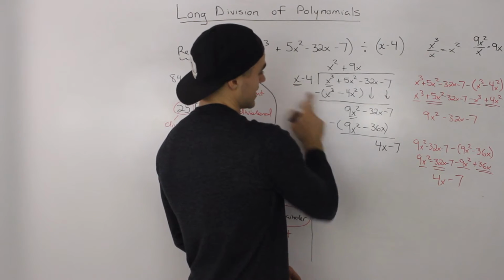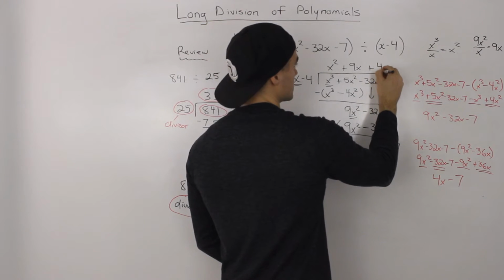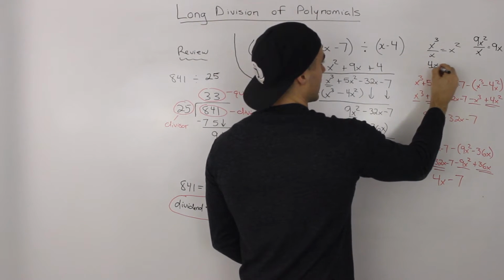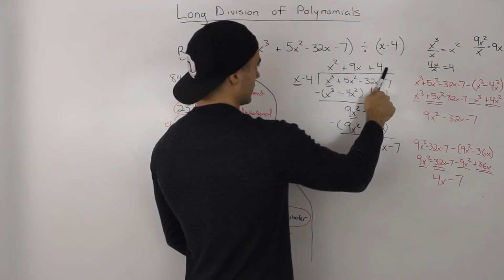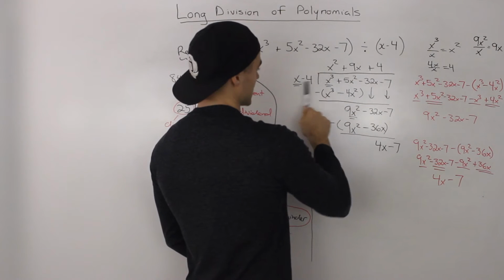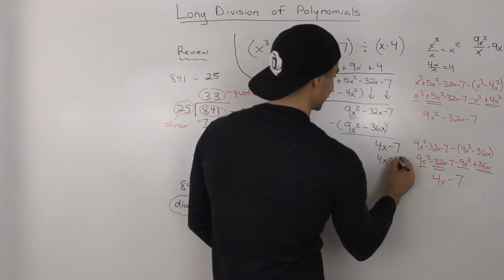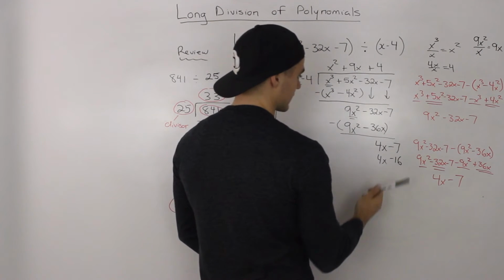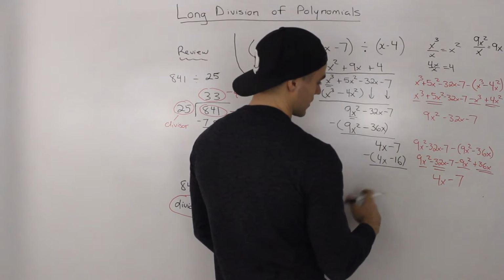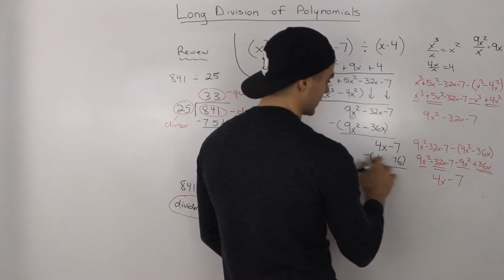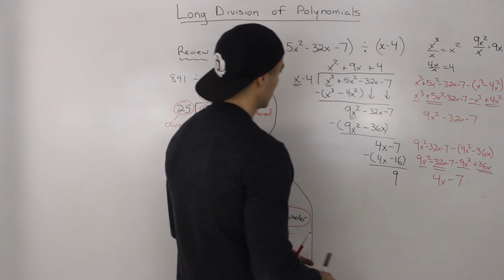Then we check how many times does x go into 4x. Well, x goes into 4x just 4 times, right? Because 4x divided by x is just 4. So we write the 4 here. 4 times x minus 4 ends up being 4x minus 16, right? Because 4 times negative 4 is negative 16. When we subtract these, we get 4x minus 4x, that's just 0, and then negative 7 minus negative 16 ends up being positive 9.